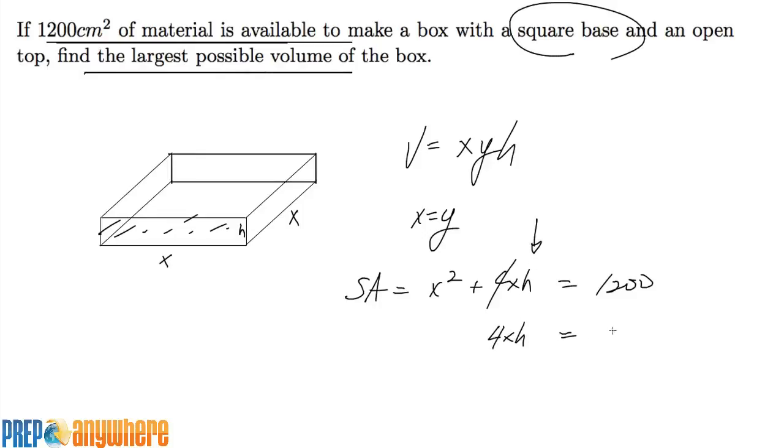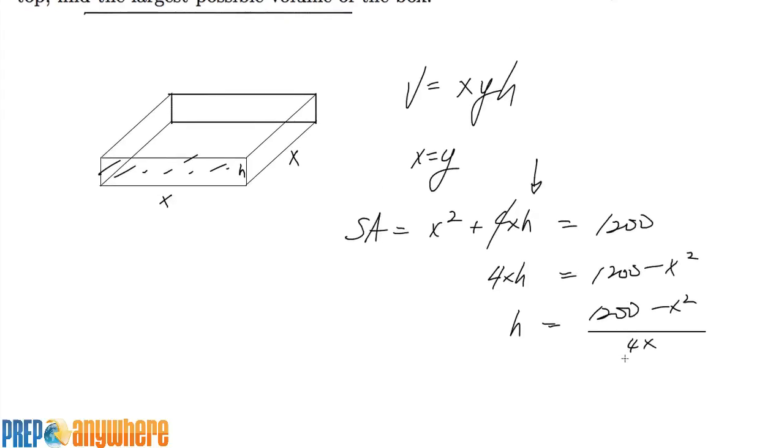4xh. And then you isolate the h by dividing both sides by 4x. Okay. So volume as a function of x now will be x squared times h, which is this, right?